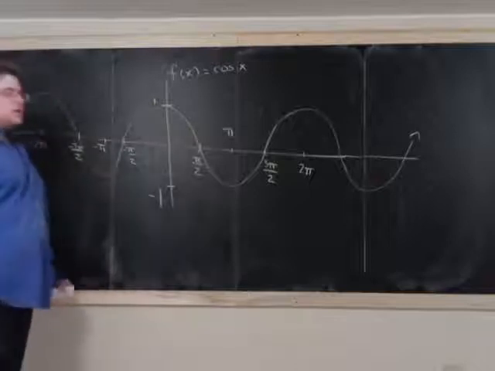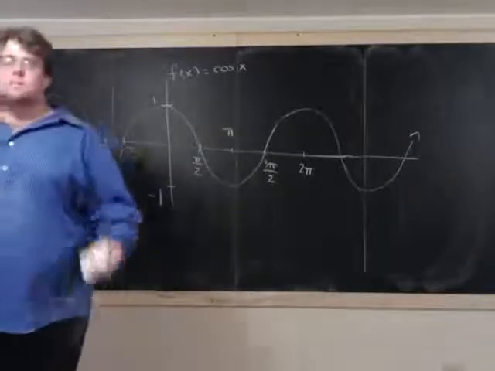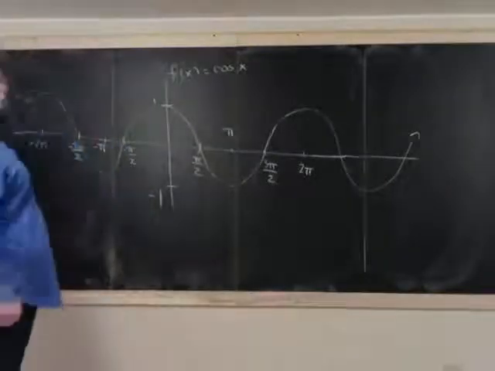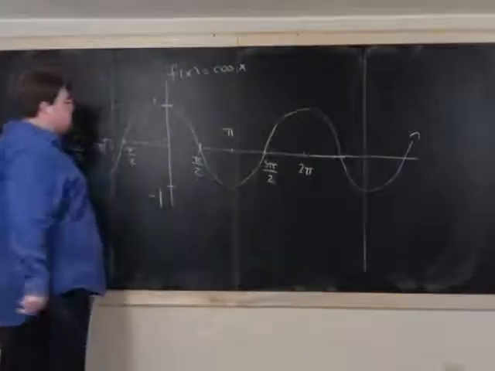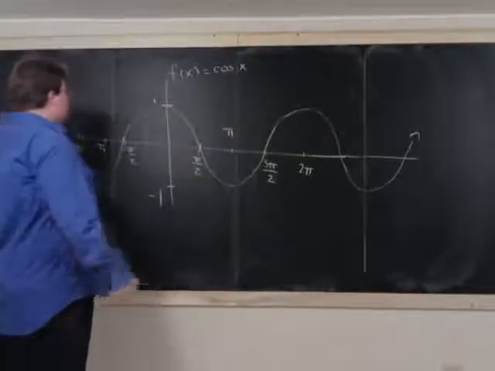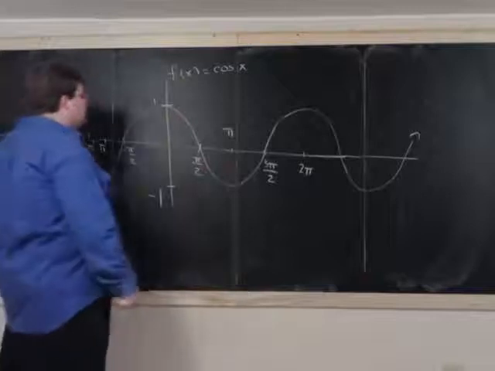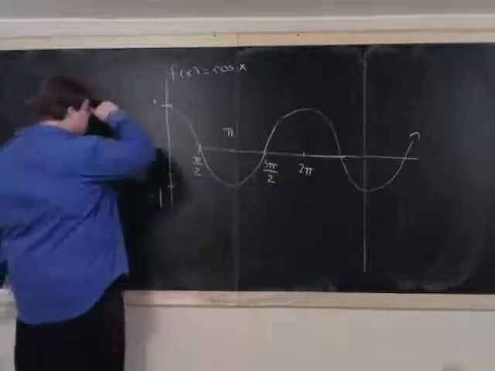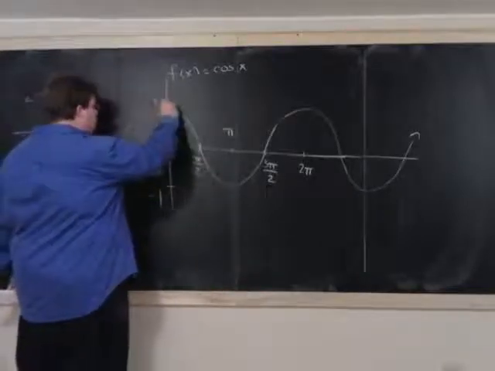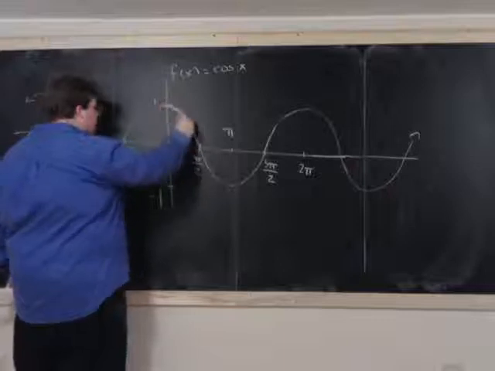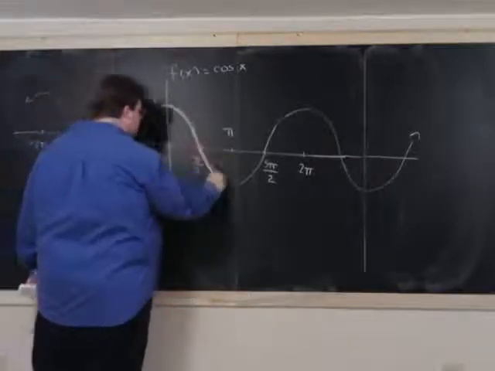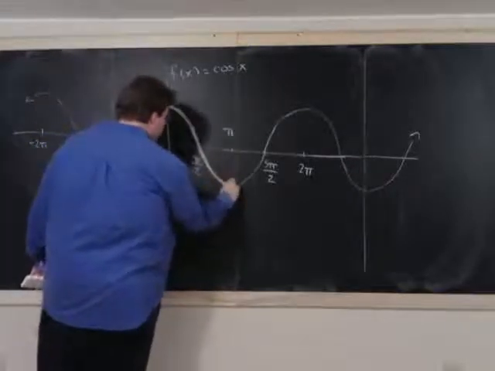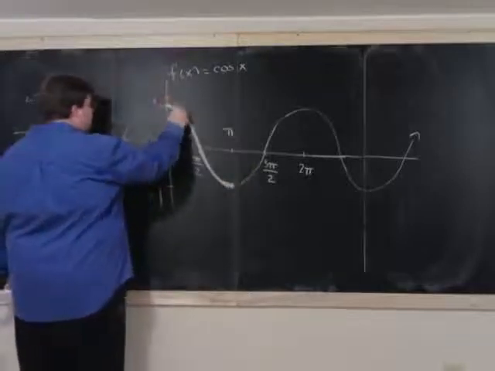Now, again, we want to define the inverse cosine function. So we want to restrict our domain so that it satisfies the horizontal line test. Just like with sine, there are many domain restrictions you could use. But the standard one to choose, and the one we will choose, is this piece.